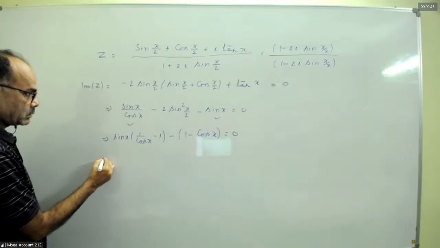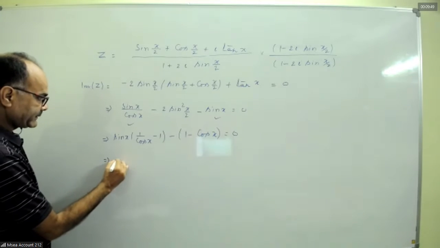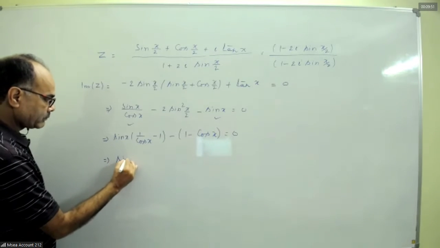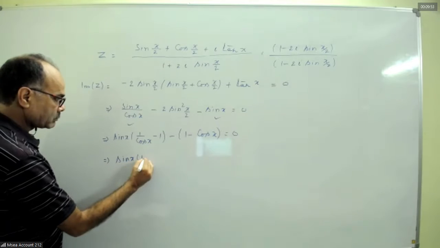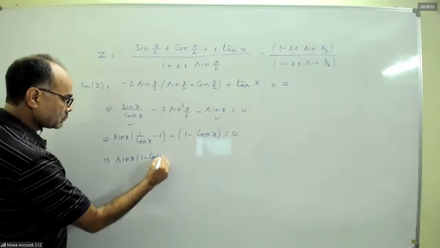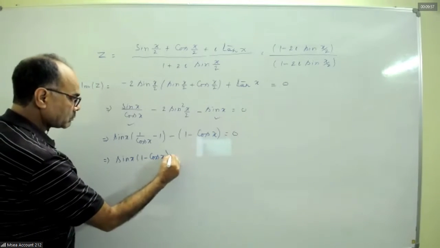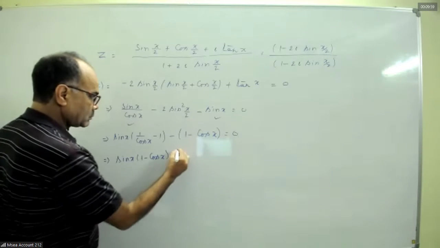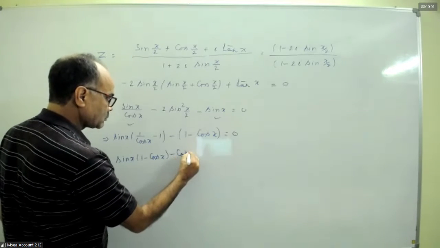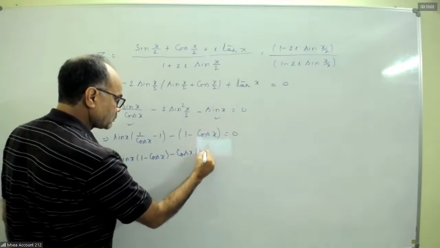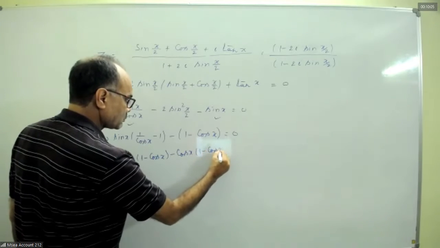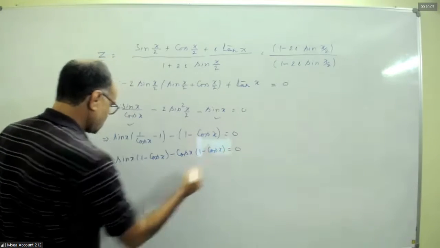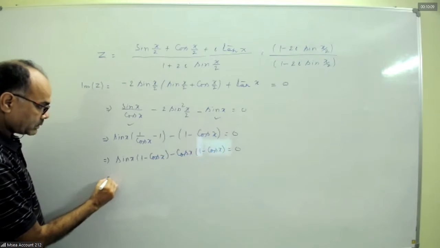Cos x minus 1 minus cos x. This is also 1 minus cos x. One minus cos x outside.